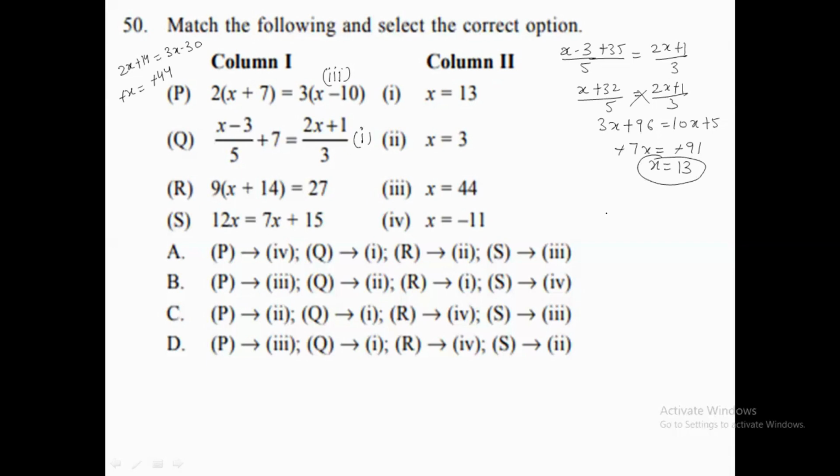Now let's move to the next one, which says 9 times (x plus 14) equals 27. Solve it: 9x plus 126 equals 27. So 9x equals 27 minus 126. What are we getting?